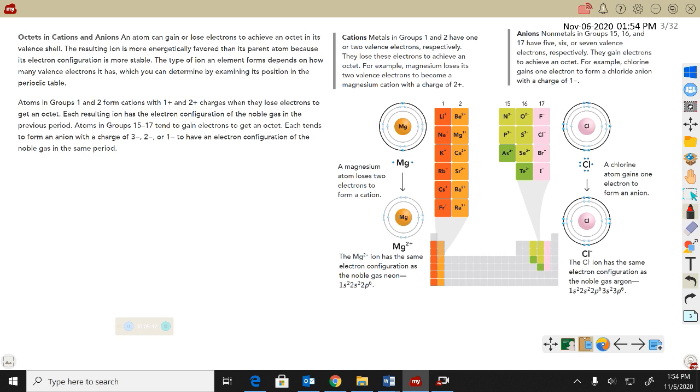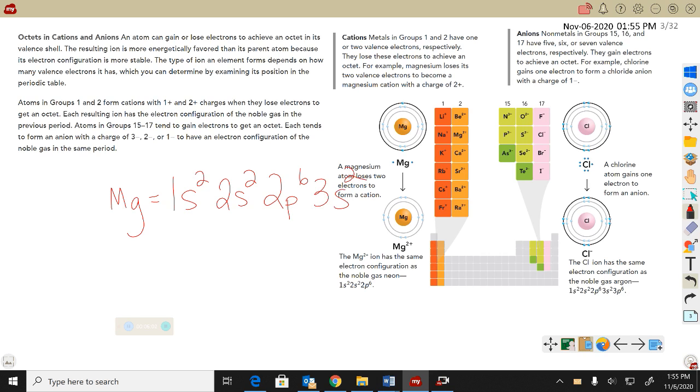So for example, with magnesium, a magnesium atom has an electron configuration 1s2, 2s2, 2p6, 3s2.